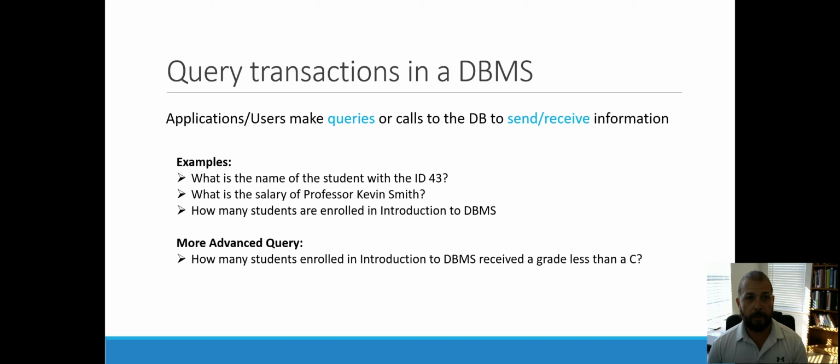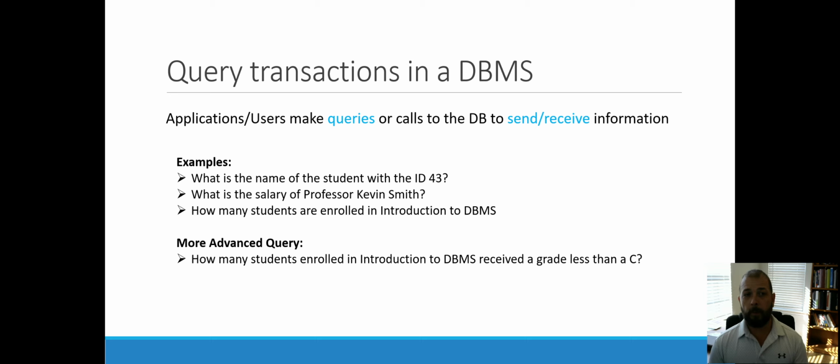Maybe they're interested in knowing what the name of the student is with an ID of 43, or what the salary of Professor Kevin Smith is. Or they may want to know how many students are actually enrolled in Introduction to Database Management. These are just some of the simple queries that you might make in a transaction to a database system.